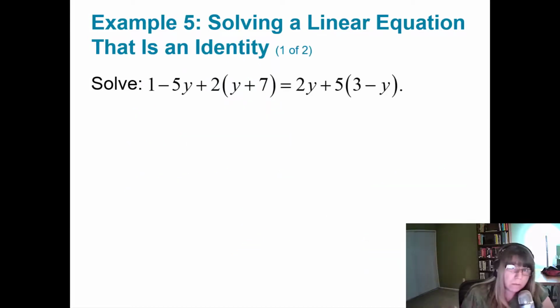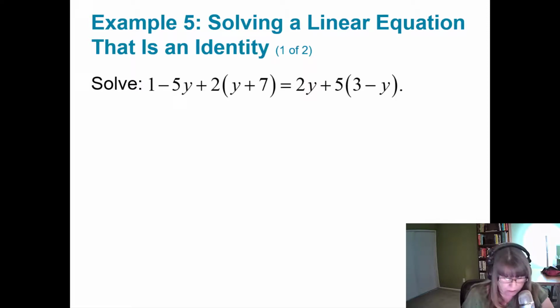Let's do one more situation you might run into, and that's when your end result is something like negative 3 equals negative 3, or 21 equals 21. Well, negative 3 does equal negative 3, and 21 does equal 21. And this is a situation called the identity, a linear equation identity.